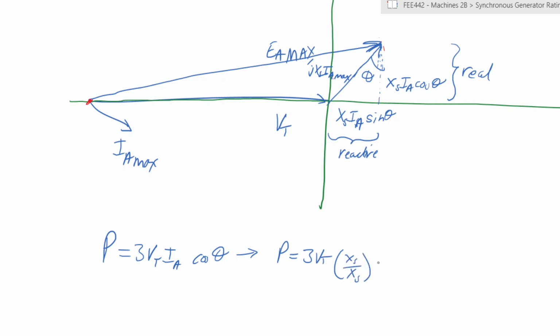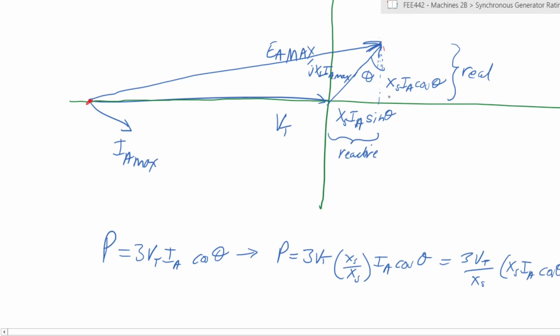Let's do an alteration to that, times IA cos theta. If you further modify it, it will be 3 VT over XS times XS IA cos theta, right? Which is what we have here. We have already seen that in this diagram, we have that XS IA cos theta already indicated.